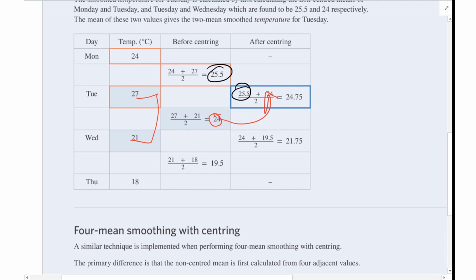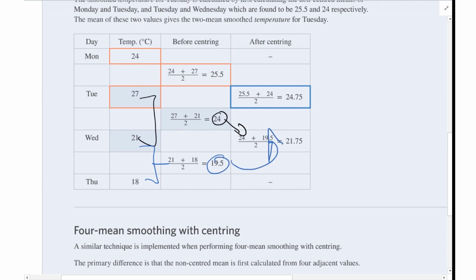I get the average of those, and my first point is 24.75. Now, the next one: we've already done that, so we've got 24 there, which links into there. Then I go 21 plus 18 divided by 2, that gives me 19.5. I put that there. Then I add those two up and divide by 2, and I get 21.75.